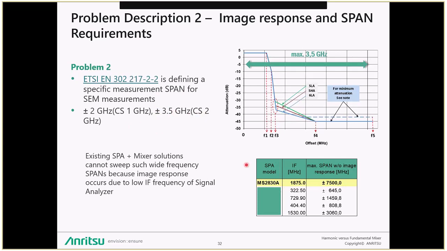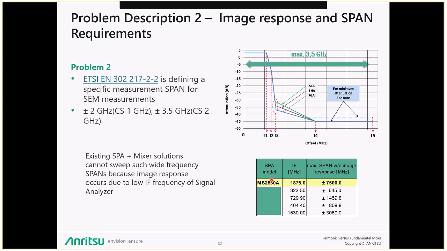If we take a look at this table, we can see that there is no existing solution composed of a spectrum analyzer plus harmonic mixer that is able to sweep such a wide frequency span, because the image response occurs due to the very low IF frequency of the signal.